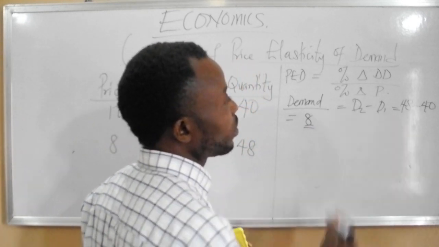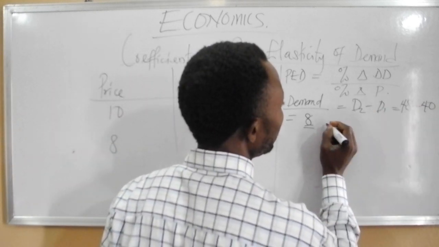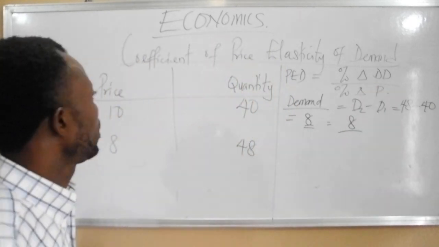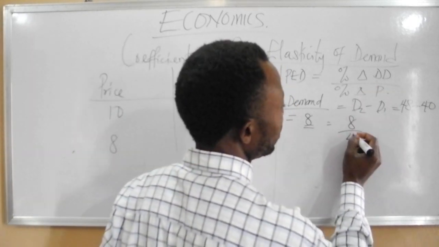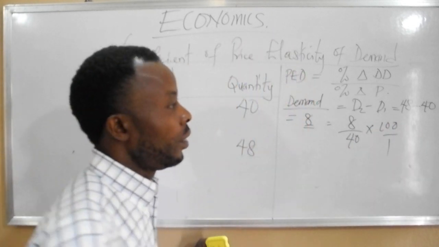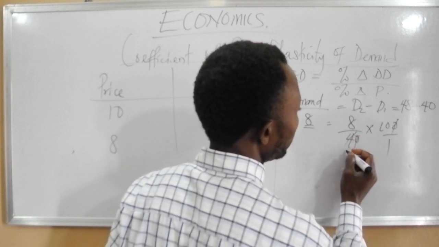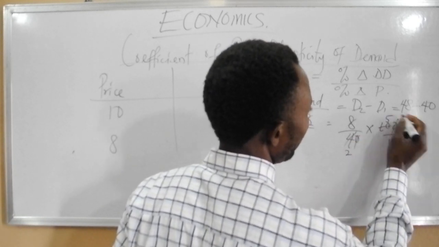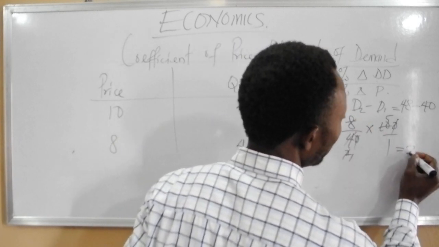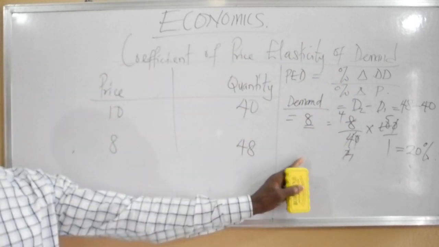Now let's express this in percentage: 8 divided by the initial quantity, 40, times 100 over 1. Zero cancels zero, and 4 times 5 gives us 20%. That's for demand.